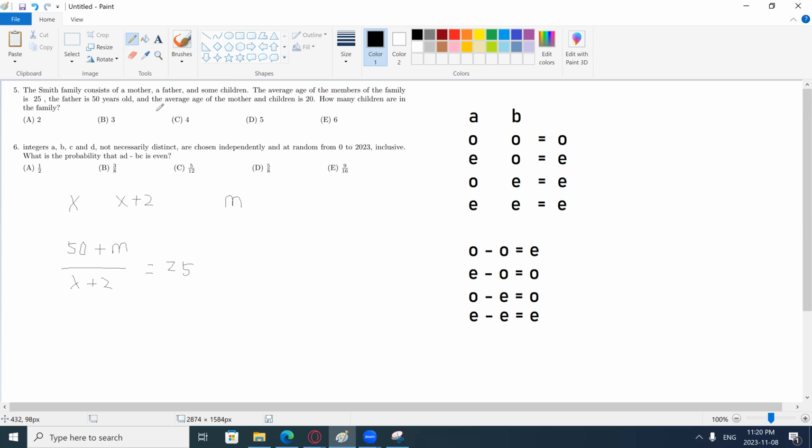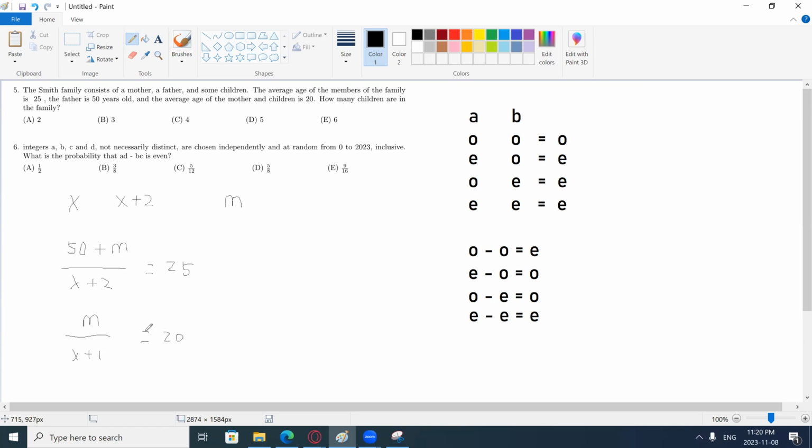And the second information you have is that the average age of the mother and the children is 20. So that means M, which is the total age of the mother and children, divided by x plus 1, because there are only x plus 1 people here, all the children and the mother, is equal to 20.